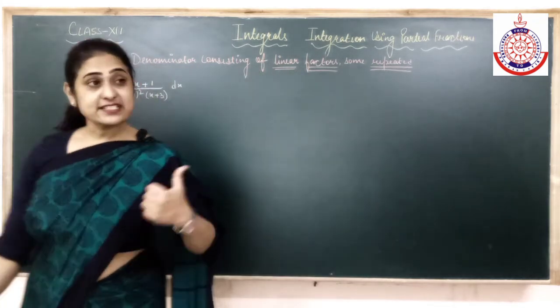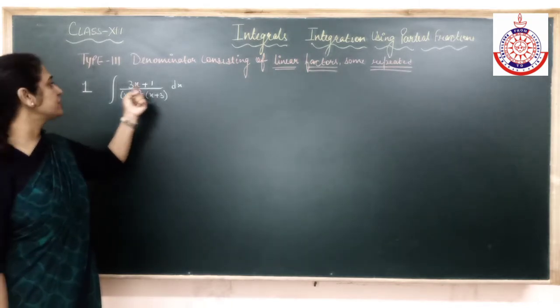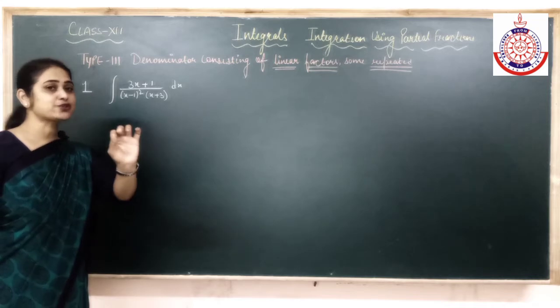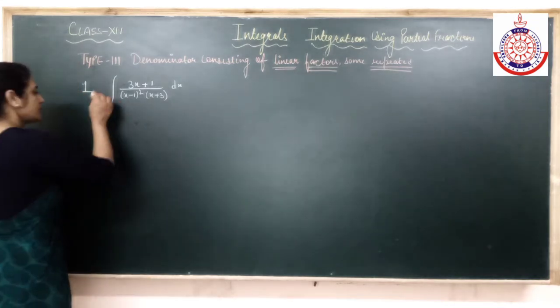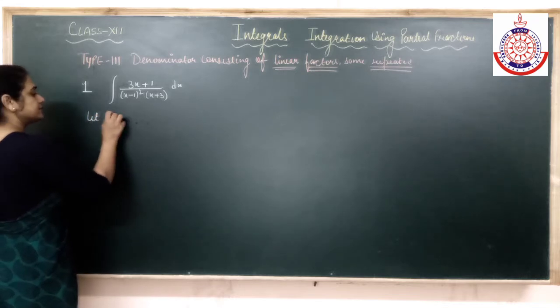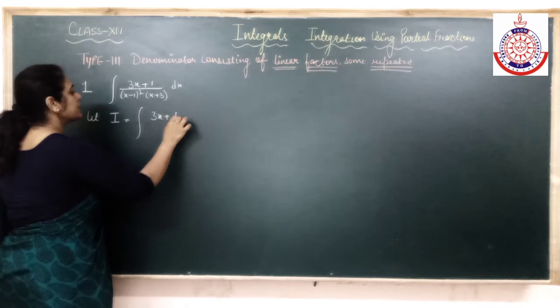Now if I look at this question, definitely the degree of the denominator is 3 and the degree of the numerator is 1. So it is an appropriate question to apply partial fraction. Let this be equal to I.